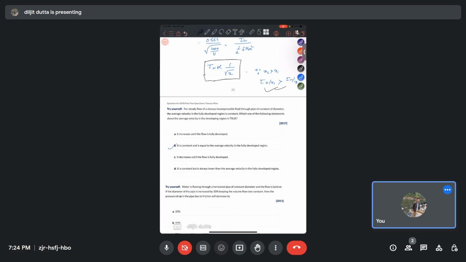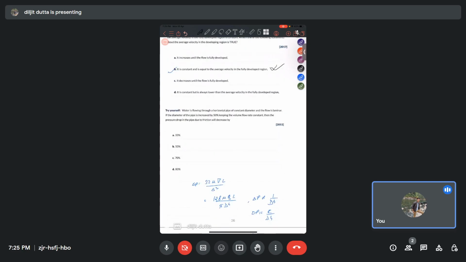So the discharge is constant and area is constant. Then in the boundary region also the same amount of discharge will be flowing through the same area. So it is constant and equal to the average velocity in the fully developed region.